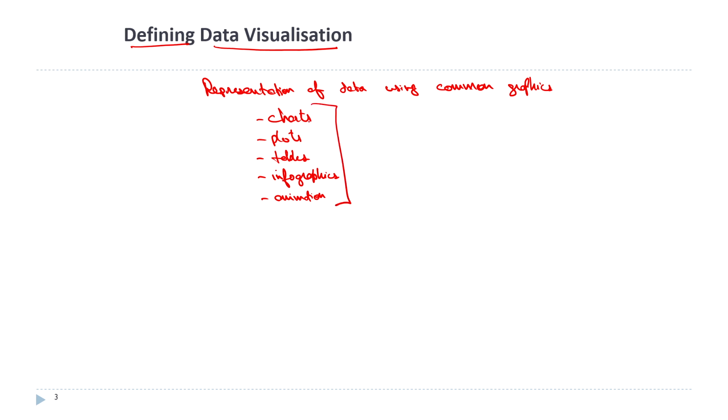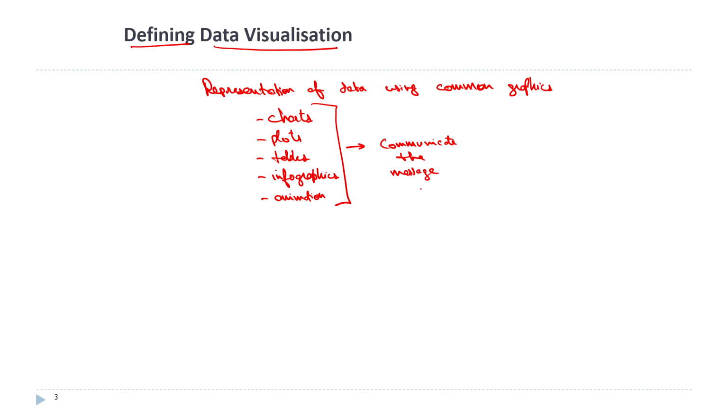Now, data visualization helps us to have a representation of the data in various forms, in various graphics, so that we are able to communicate the message.